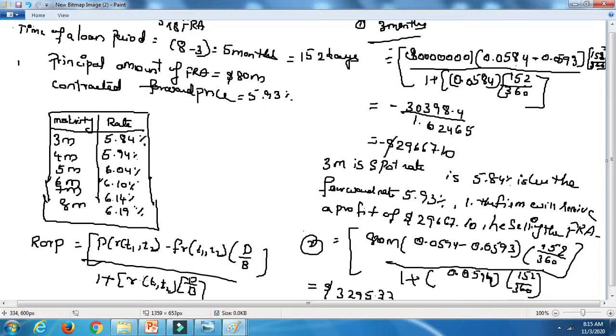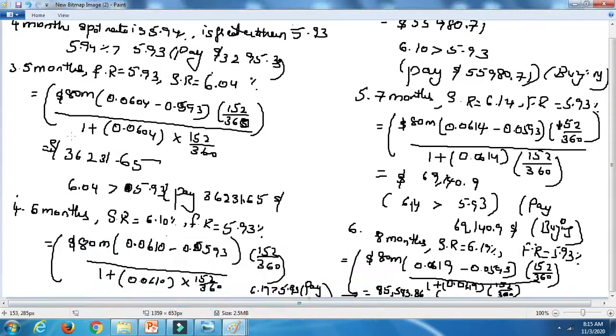Now if it is more, like in the other situations, such as the second situation, where 4 month, 5.94 was more than 5.93, we paid $3295.33. In the same manner for the others also, if you substitute, it's more, so you need to pay.